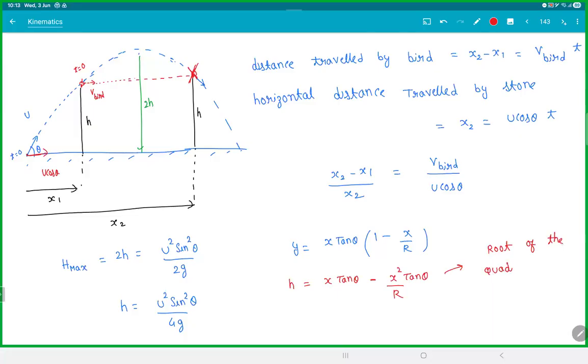Because what is x here? X is the x coordinate when the height is h. There are two roots for this, x1 and x2. So roots of this quadratic are x1 and x2. So this is where you get x1 and x2 from. Is this making sense?